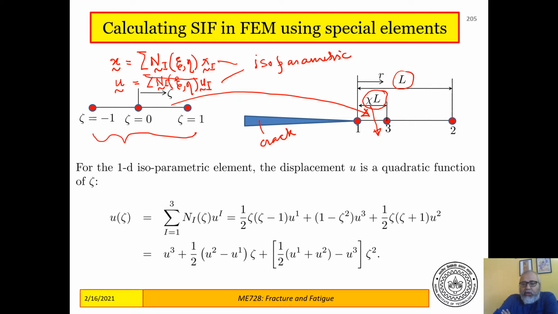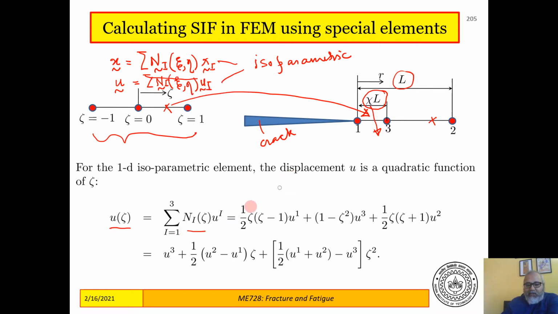Now, if you look at this isoparametric 1D element, the displacement at any point inside the element is given at any point marked by parent coordinate zeta. Let's say this point maps to this point here.